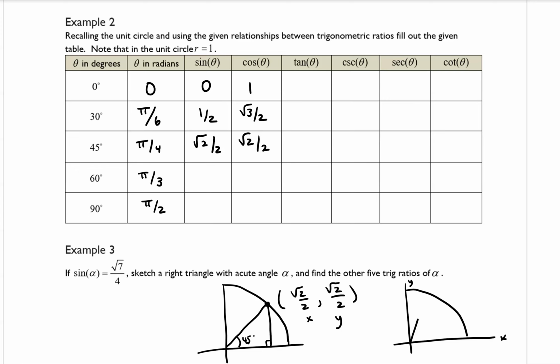And if I draw 60 degrees, that would look something like this, and so this is going to be 60 degrees. And this angle, if we're thinking about a right triangle, that angle is going to be 30 degrees.